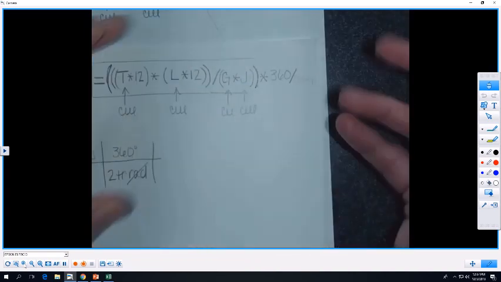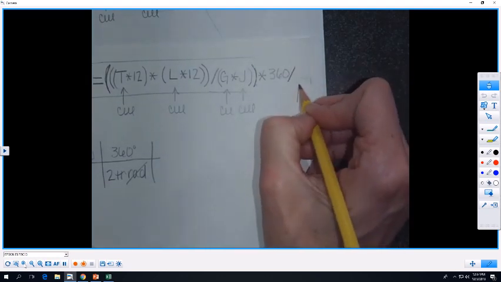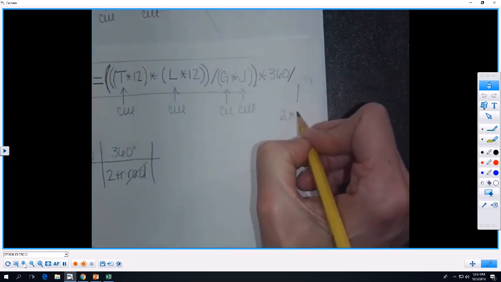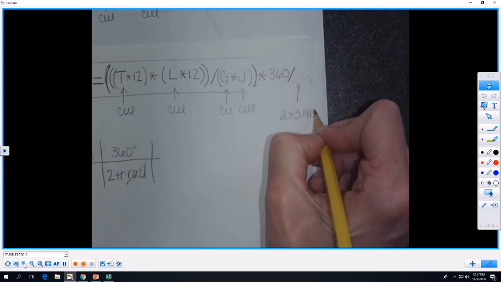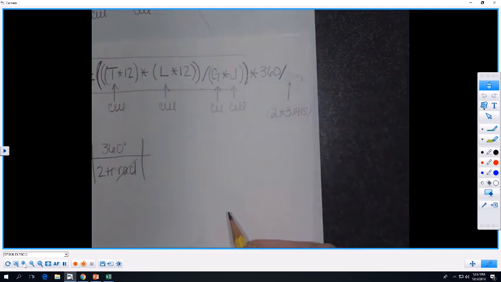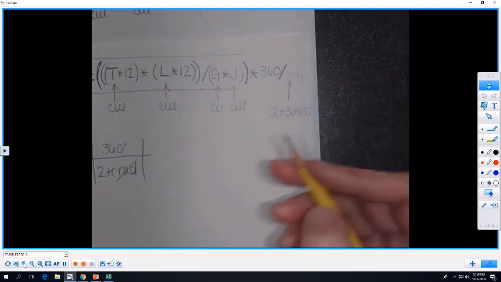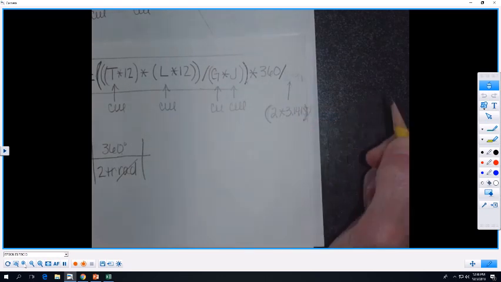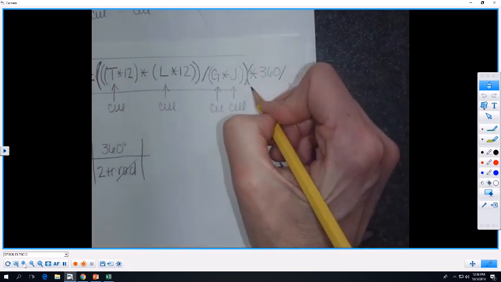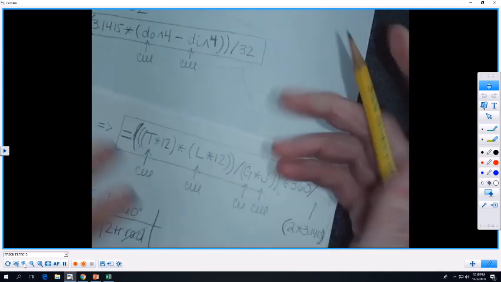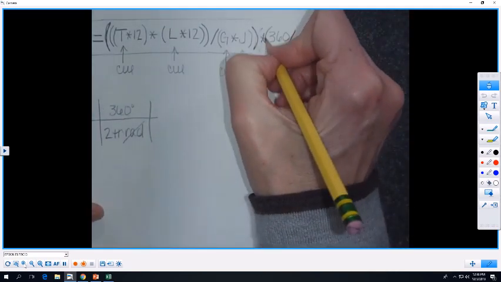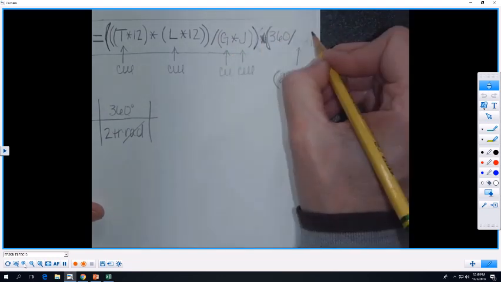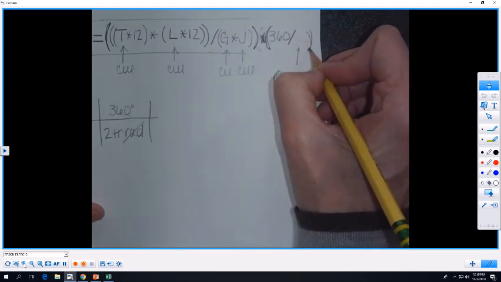2 times 3.1415. Now, parentheses wise, I need to put parentheses around my 2 times pi, and then again around 360 and the pi.